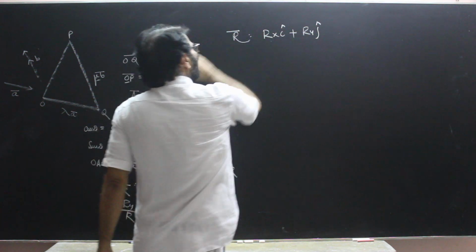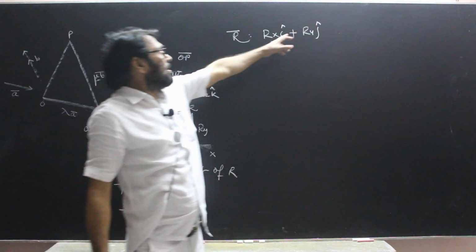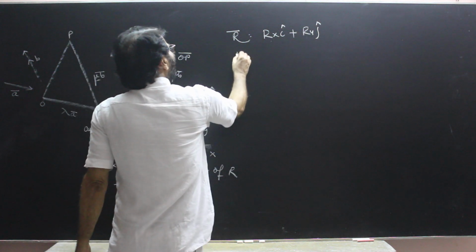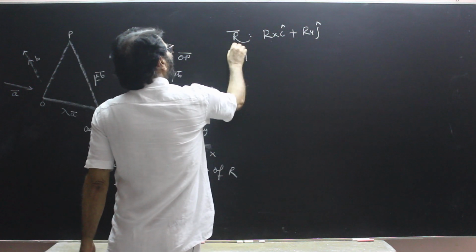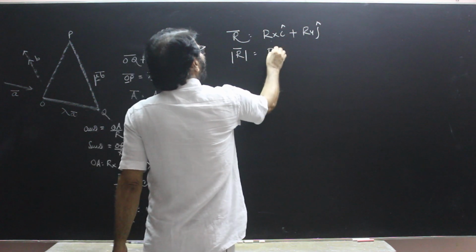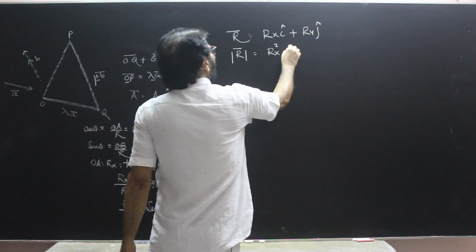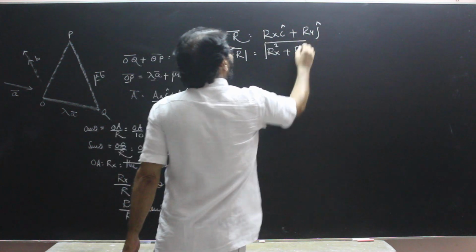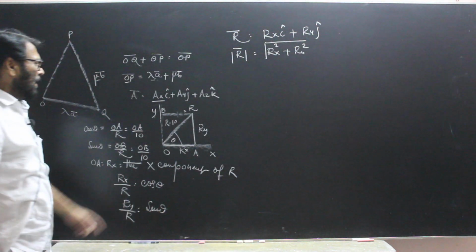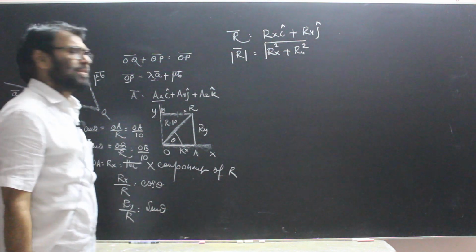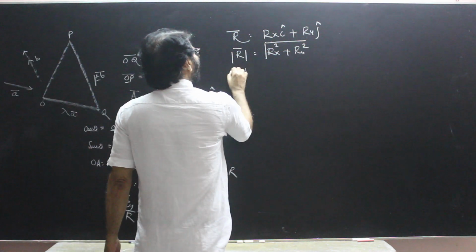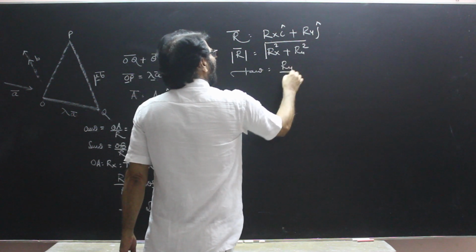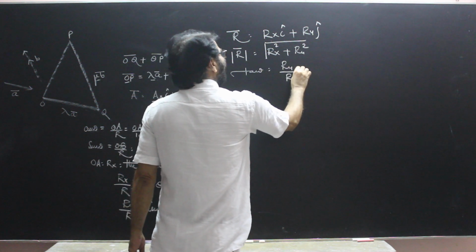This is the x component of R and this is the y component of R. The magnitude of R, or the mod of R, can be written as the square root of Rx square plus Ry square. And the angle made by R with x axis can be written as tan theta is Ry by Rx.